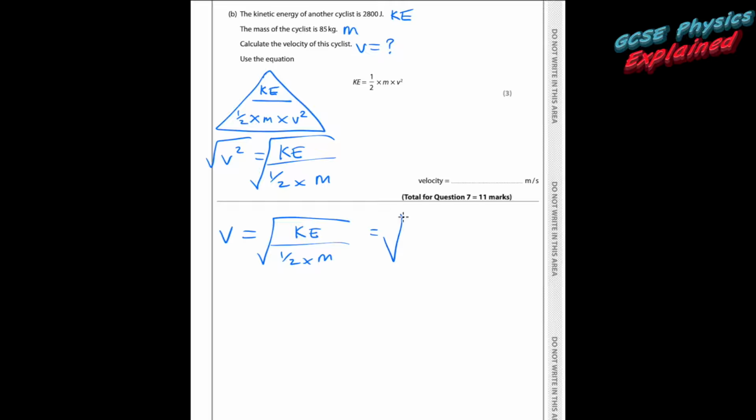Right, let's pop the numbers in. 2,800 joules was the kinetic energy. Divide that by a half times the mass, which was 85 kilograms. And that equals 8.1. And that's meters per second.